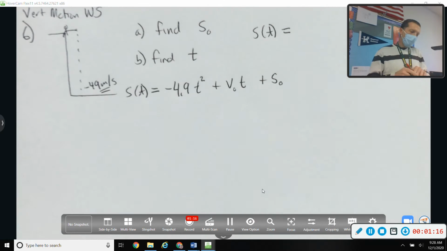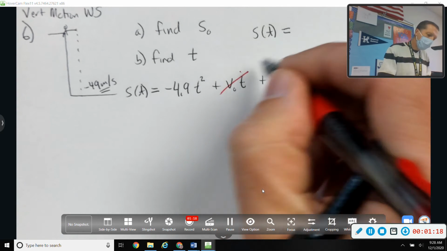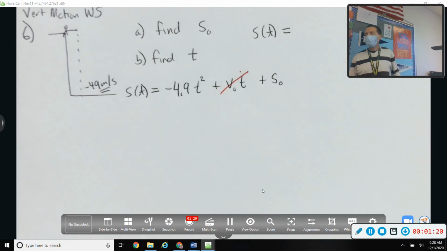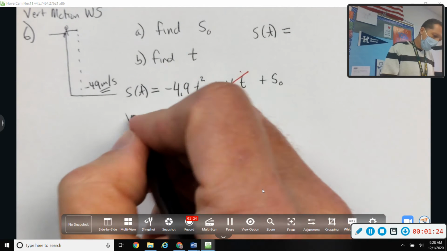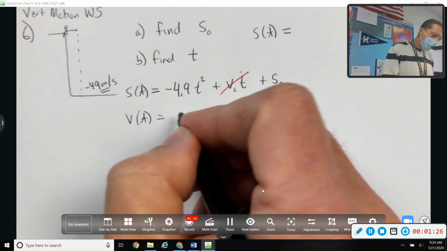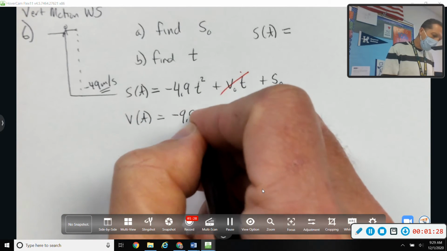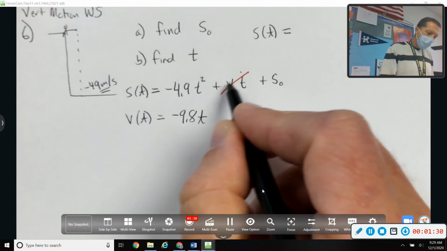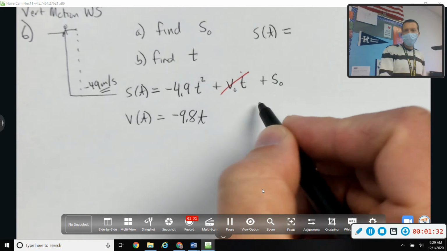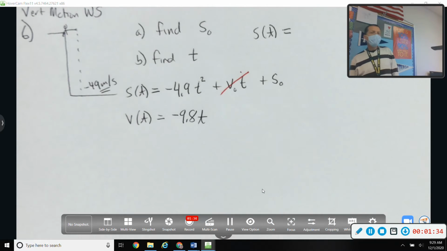Although it said it was dropped, so we didn't throw it down or throw it up. We just dropped it, so that one's gone. V of t is negative 9.8 t. That one's already gone, and the derivative of a constant is 0. So v of t is negative 9.8 t.